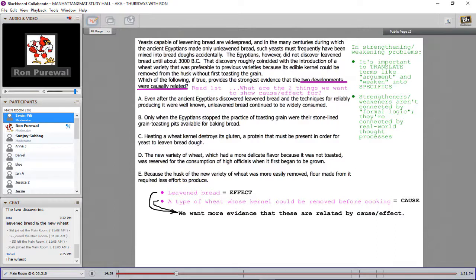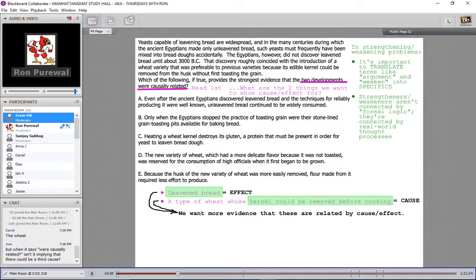So specifically, we need to show that, because the only thing that's really special about this wheat is the fact that you can take the kernel off of it before you cook. And the word causally related means that one of the two is a cause and the other one is the effect.